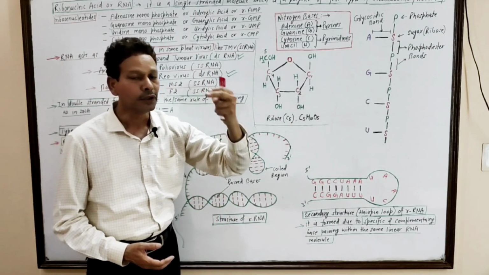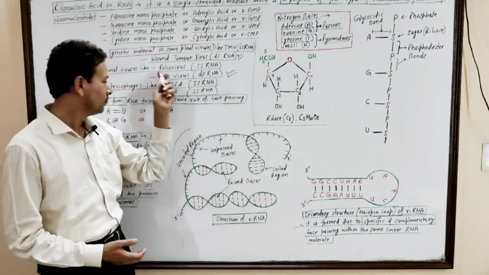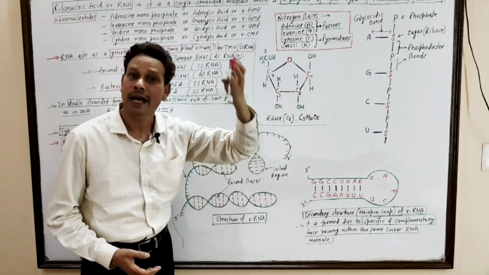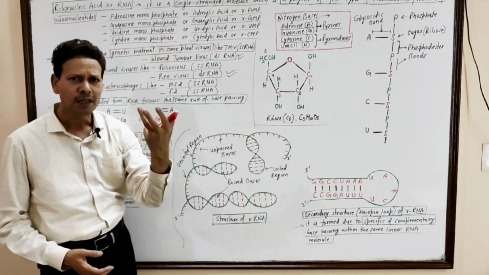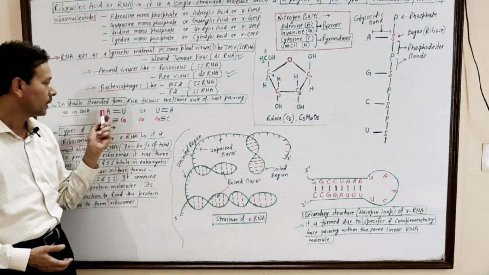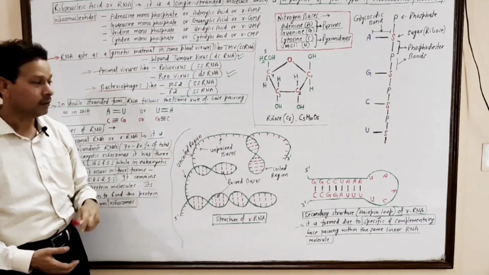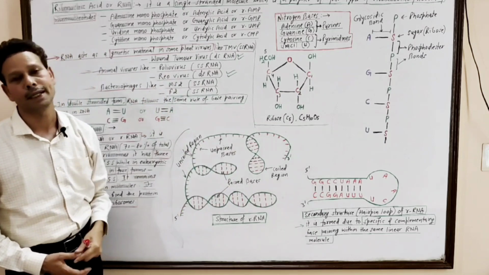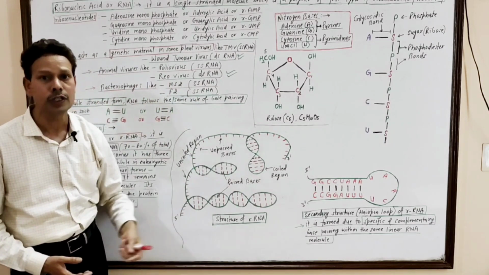When RNA becomes double stranded, it follows the same rule of base pairing as in DNA. Adenine always base pairs with uracil, and the bonding between A and U is a double hydrogen bond.